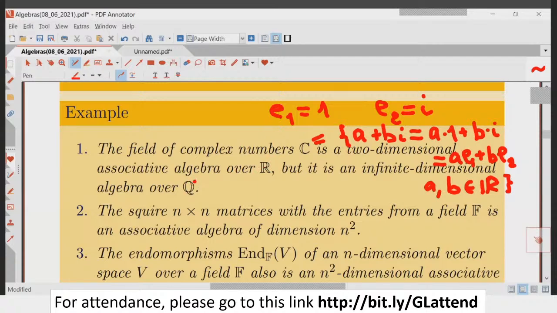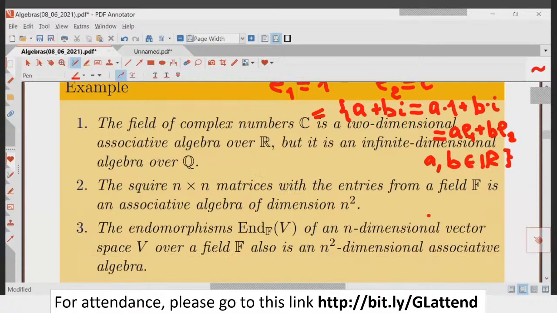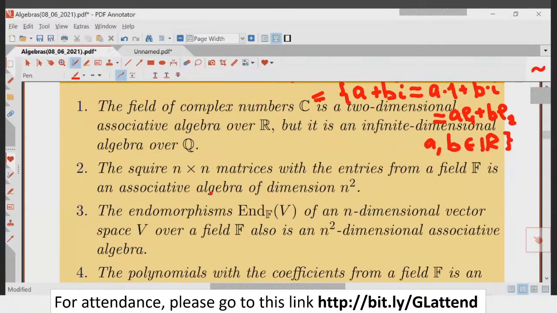N by N square matrices with entries from some field F form an associative algebra. The dimension of that algebra is n squared, because you can find n squared linearly independent elements.